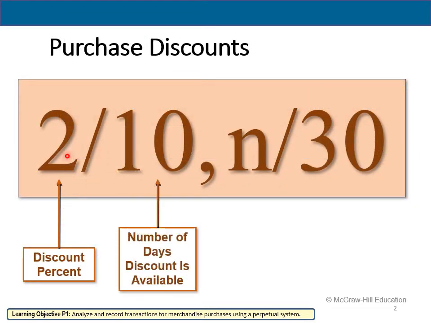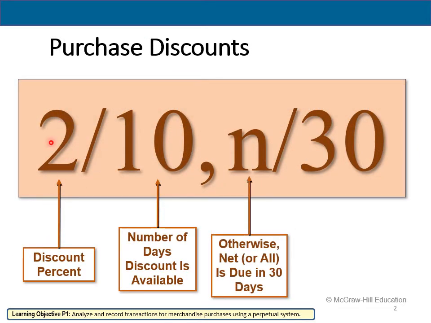So here's an example of credit terms. You would say there's 2/10 net 30, which is the most common credit terms, and this is from the date of the invoice. All right.